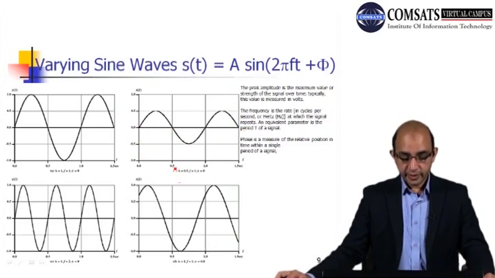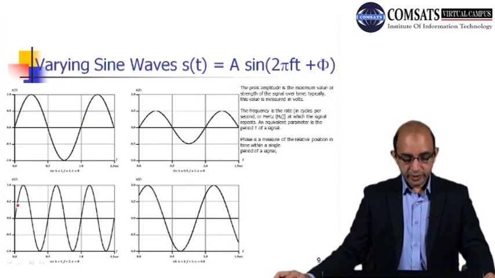Here you can see 0.5, 1, 1.5 seconds. So amplitude has reduced. Here we have unit amplitude and here we have 1 by 2, half, 0.5. Frequency is the same because one vibration is being made in 1 second. And phi is again 0.